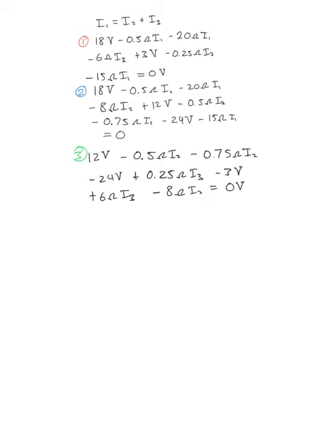So for example, we can rewrite our first loop equation as 18 plus 3 volts is going to be 21 volts. Our I1 terms, we have 3 I1 terms here, which add up to a total of negative 35.5 ohms multiplied by I1.